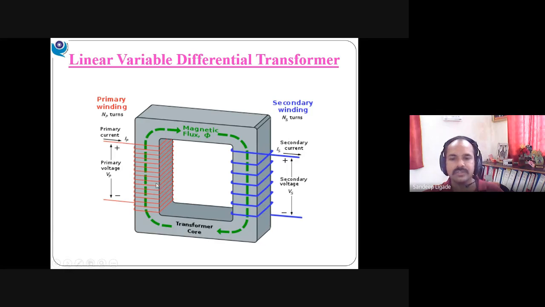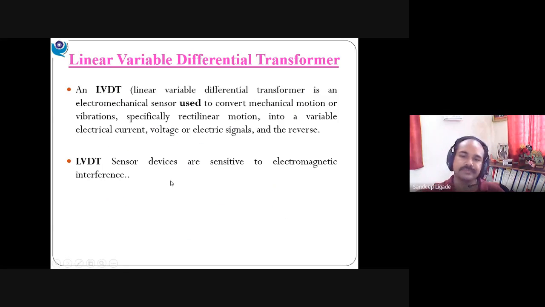That's why. And overall this is called transformer action: without any physical connection, the power from the primary is transformed to the secondary. So it's called transformer action. So the linear variable displacement transducer, we can see, is an electromechanical sensor, basically used to convert mechanical motion or vibrations.